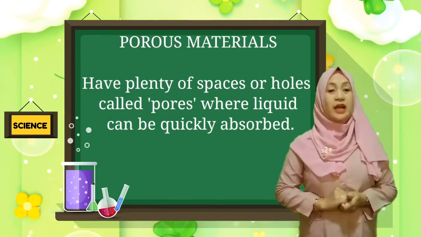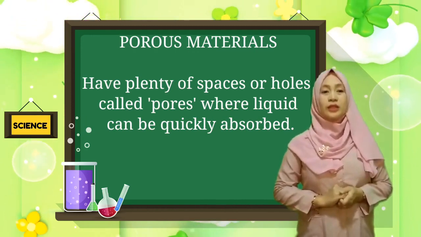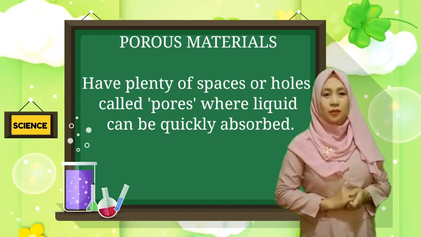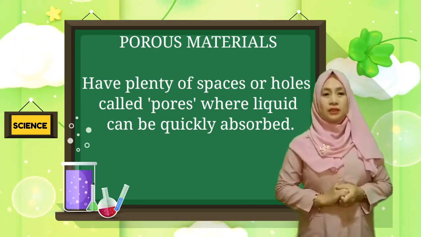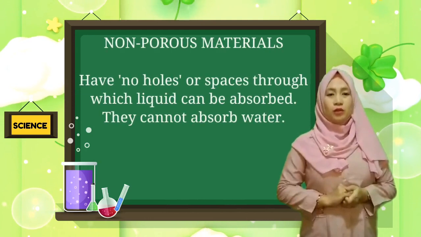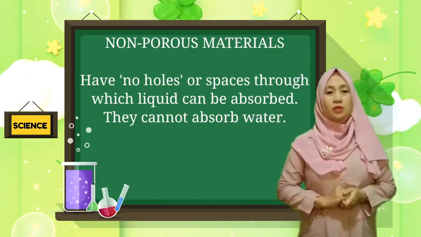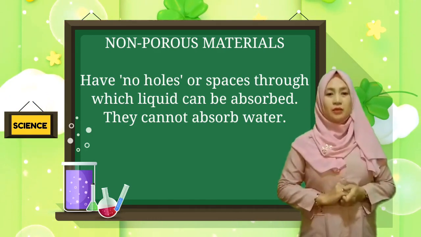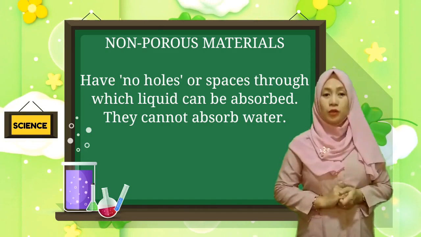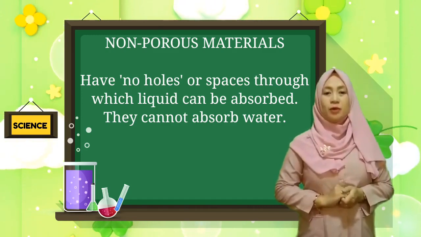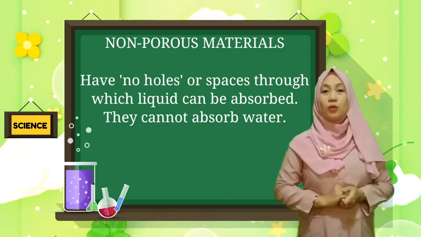Porous materials have plenty of tiny holes called pores where liquid can be quickly absorbed. A tissue paper is an example of a porous material. Non-porous materials have no holes through which liquid can be absorbed. They cannot absorb water. A spoon has no holes or pores. It is an example of a non-porous material. It cannot absorb water.